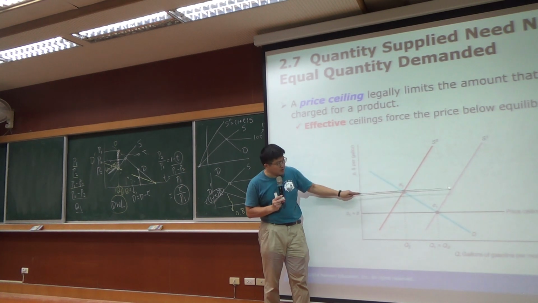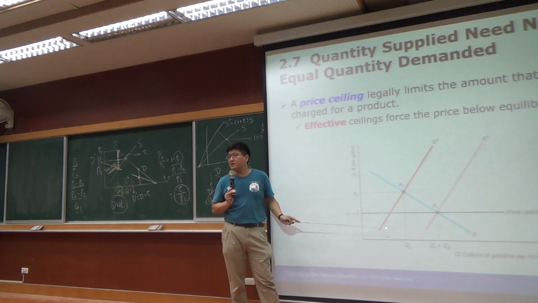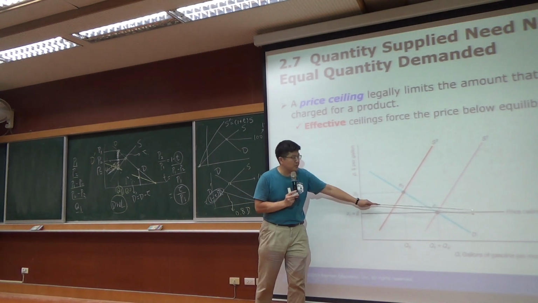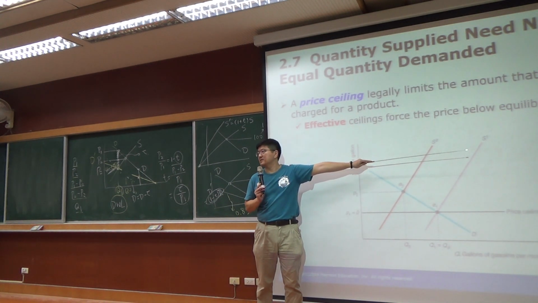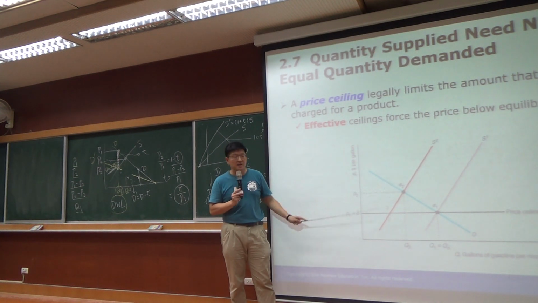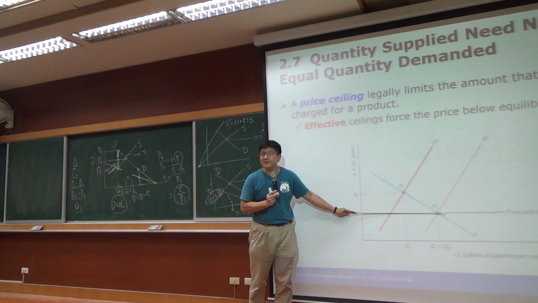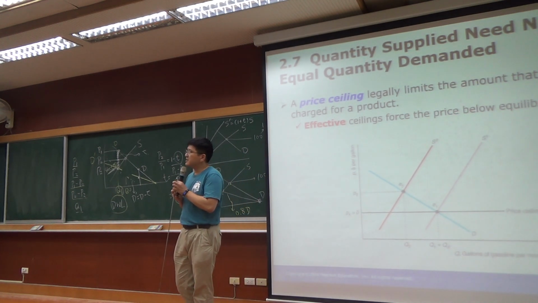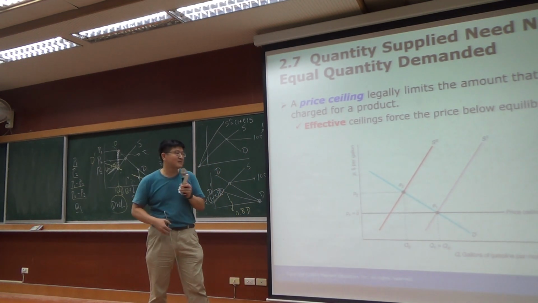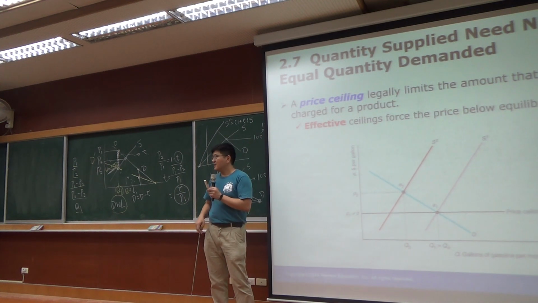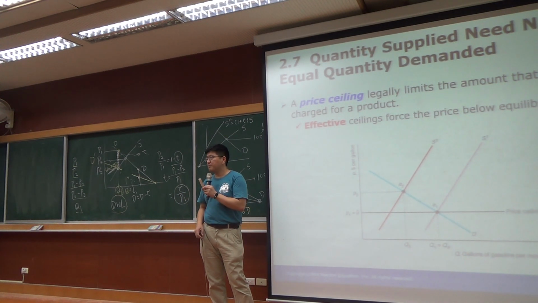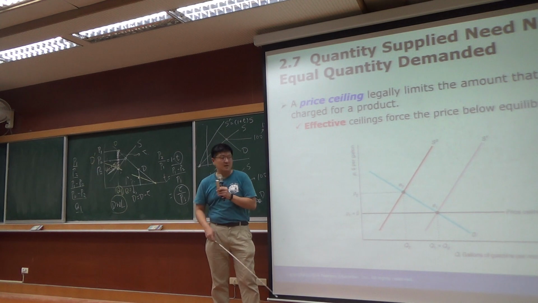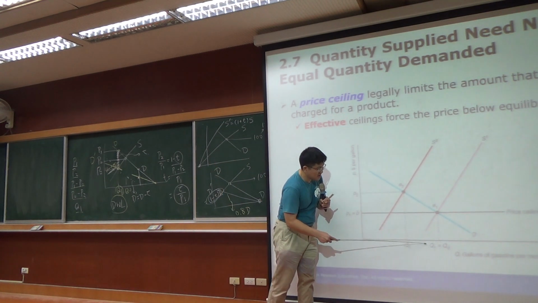So the new equilibrium falls in the prohibition region. It cannot be allowed. The price has got to be here. Given this price ceiling, how many consumers want to buy the good? Would be this many, right?